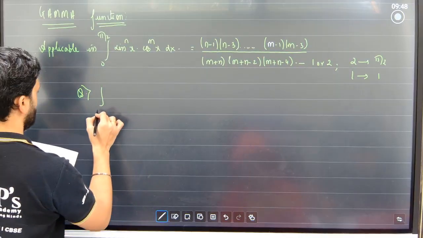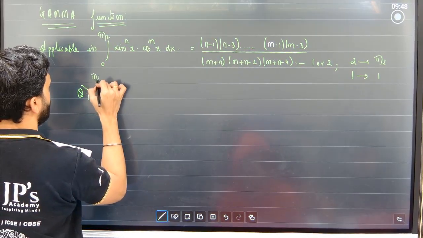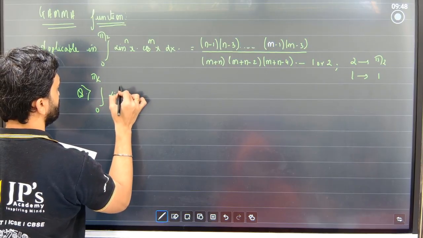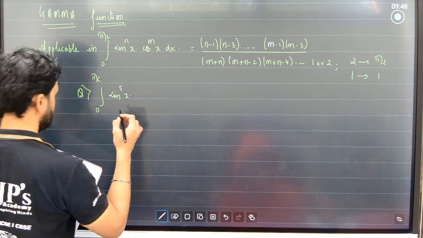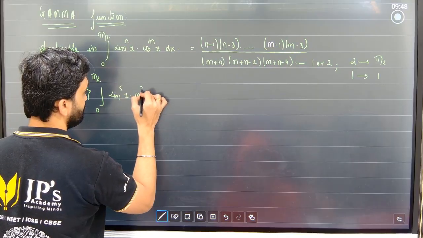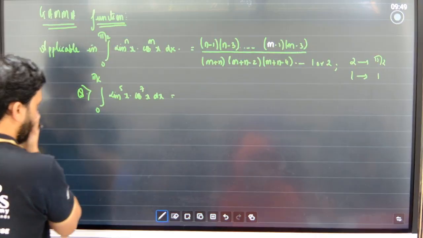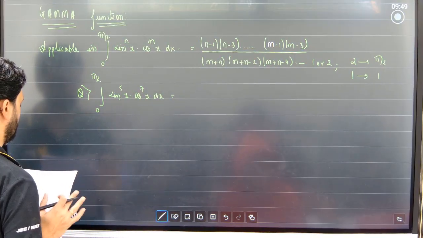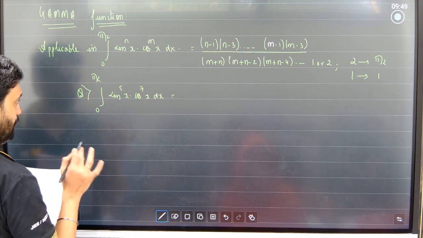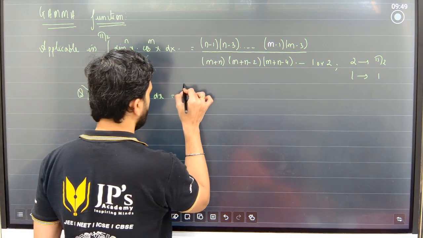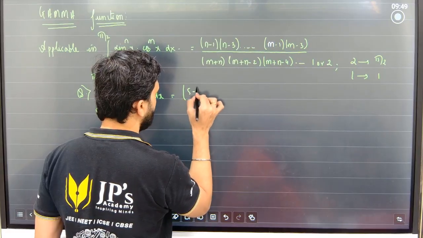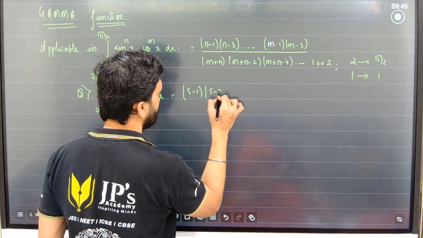Integration 0 to pi by 2 of sin raised to 5 x into cos raised to 7 x dx is equal to, m plus n is given to me. So I will write, first 5 minus 1, then 5 minus 3.